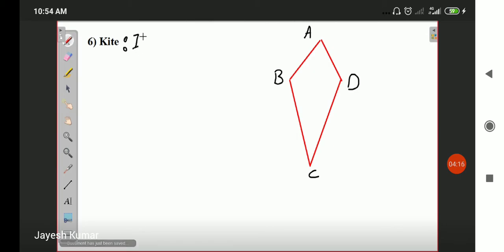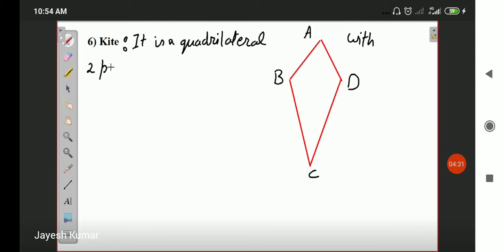It is a quadrilateral with two pairs of adjacent sides equal.